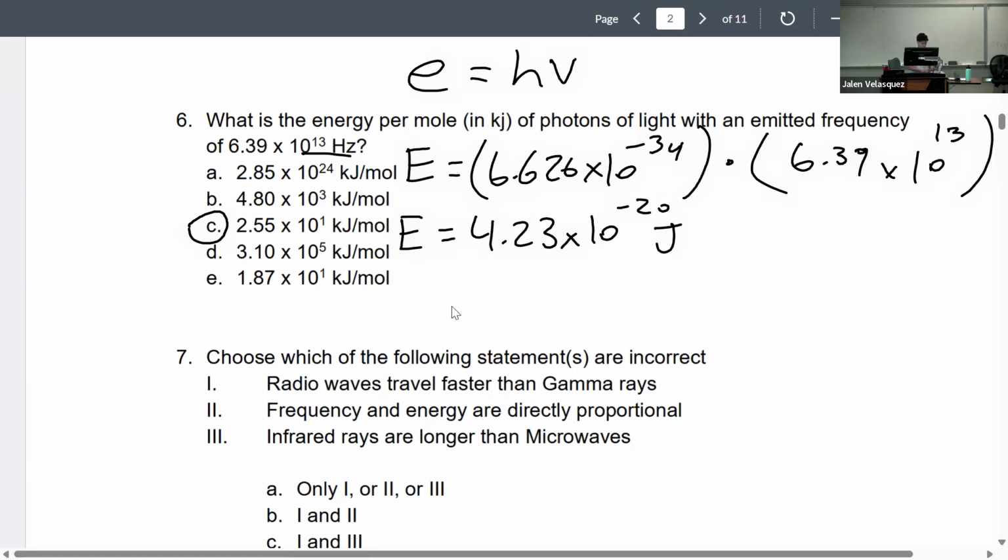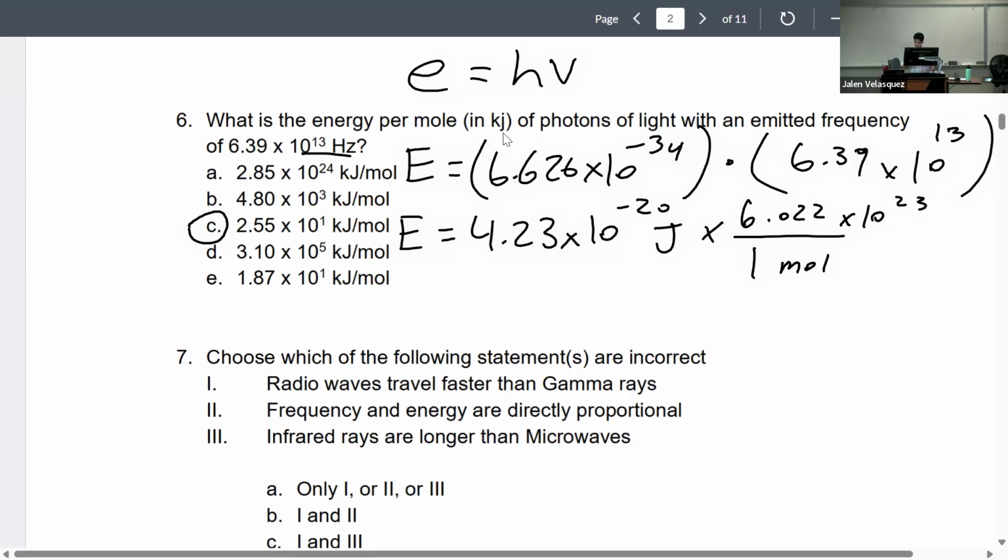right? However, I am asking for the energy per mole and specifically in kilojoules. So from here, getting the energy per mole, we know we just multiply by Avogadro's number, right? Because 1 mole will have Avogadro's number of photons, right?